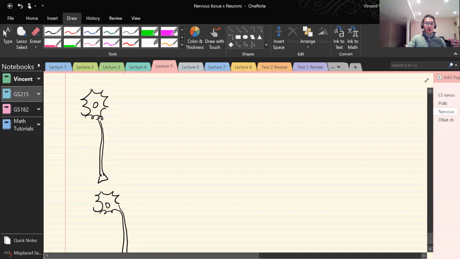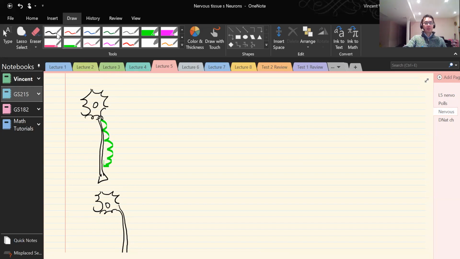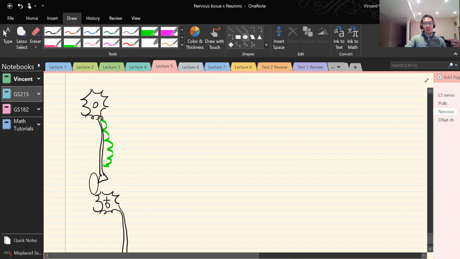So we already know how the signal gets passed down from the axon using the action potential that we spent the last hour talking about. And over here, we're going to be zooming in. Zoom in with your fingers, like on a smart screen. What you will see is this.